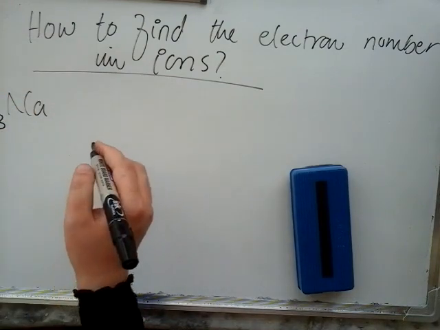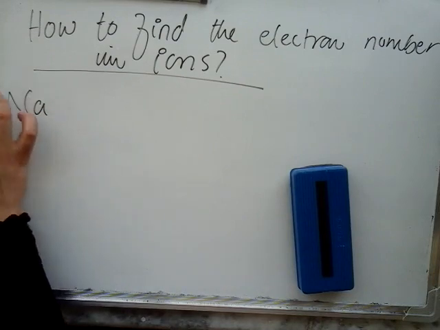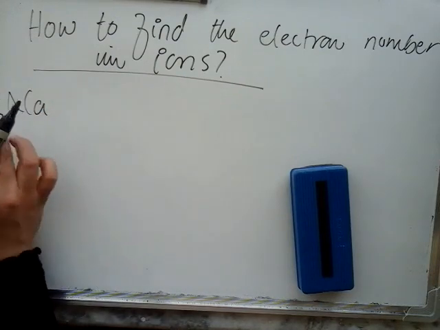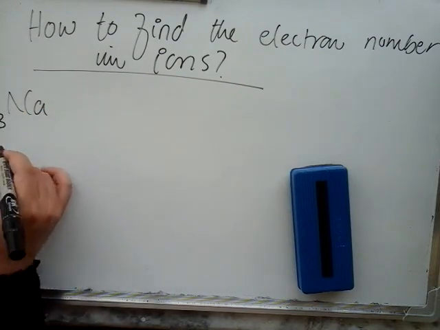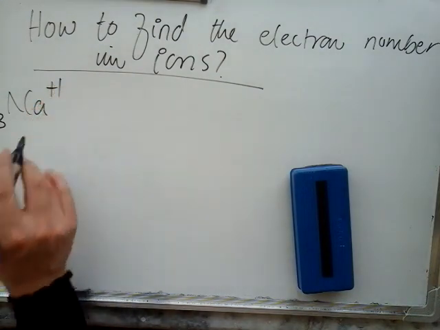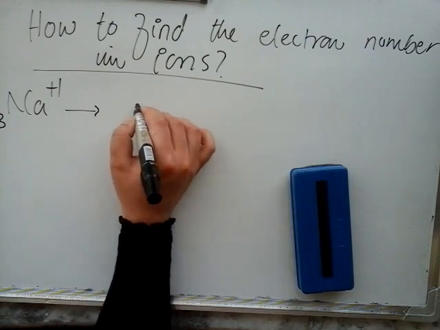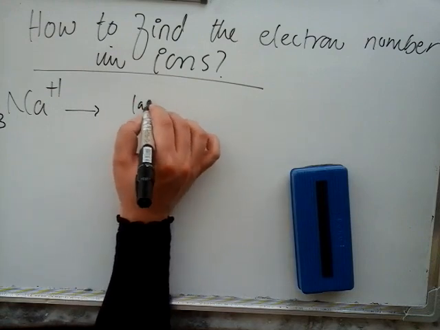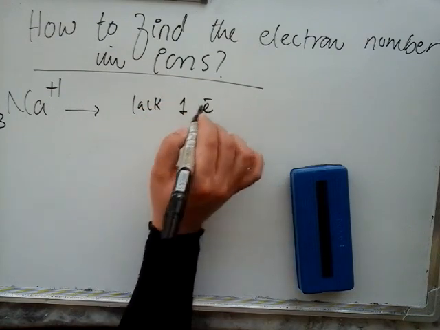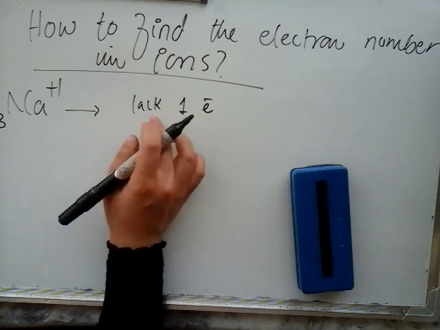Usually when we write the atomic number, it is written at the bottom left and mass number at the top left. And its charge is +1. What does it mean? It means that sodium lacks 1 electron. Sodium has given 1 electron.